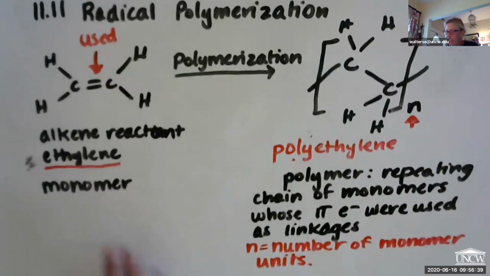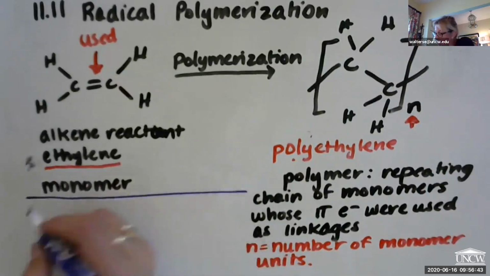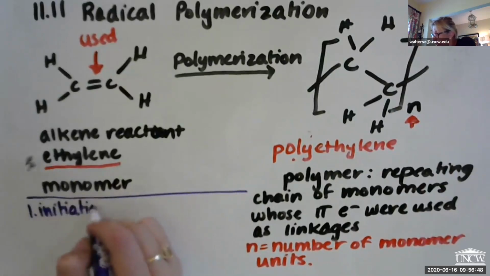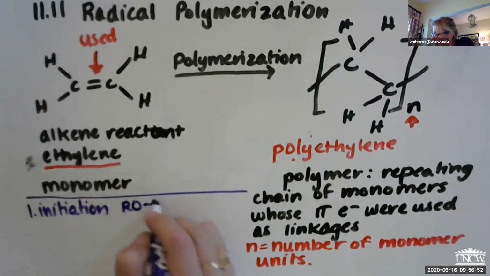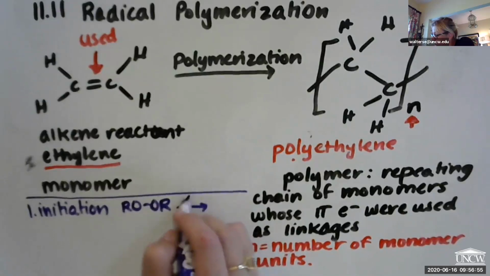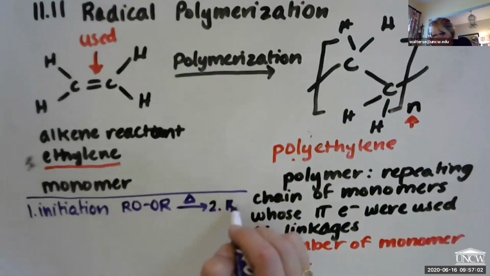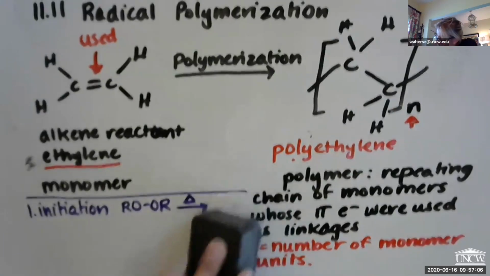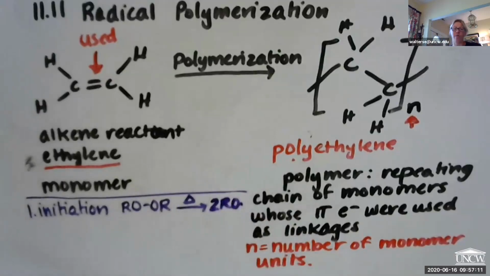But these reactions still follow those same three steps. You have an initiation step, but your initiation step involves a peroxide being subjected to heat. That little triangle stands for heat. And you're going to make two RO radicals.